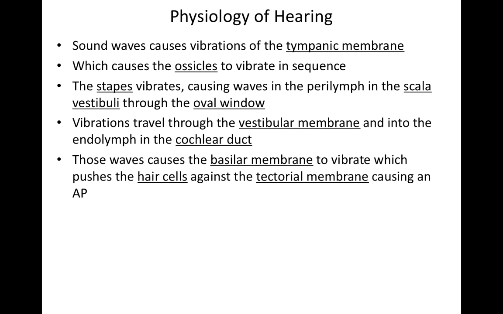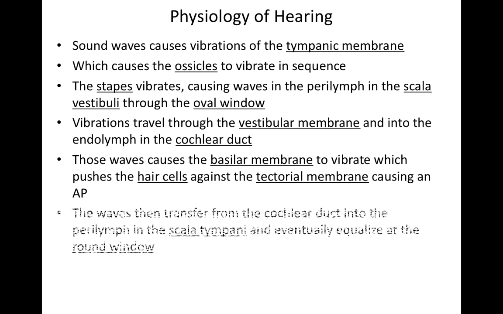So at this point, we've sent the action potential, but we need to give this energy a way to exit out of the inner ear, or it's just going to keep stimulating these cells. So it's going to transfer through that basilar membrane into the scala tympani. You're going to get the waves in the perilymph there that will eventually sort of crash, if you will, into the round window, which will extend way out.